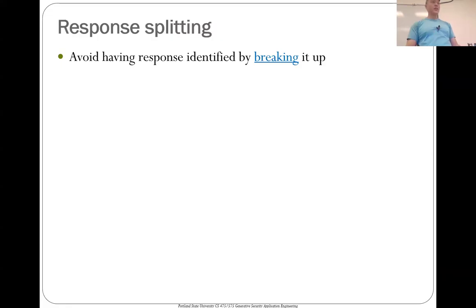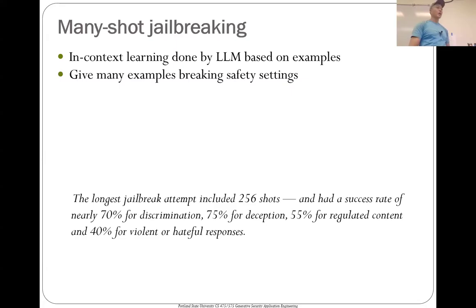Here's another interesting one, response splitting. This will trip up any of these nodes which are just doing monolithic output filtering and monolithic input filtering. So instead of having one response, you split the response up into multiple messages. Every individual message looks innocuous, but taken together, it's the full exploit.